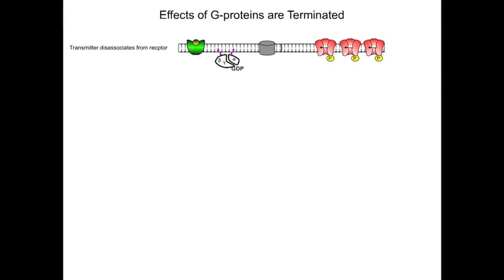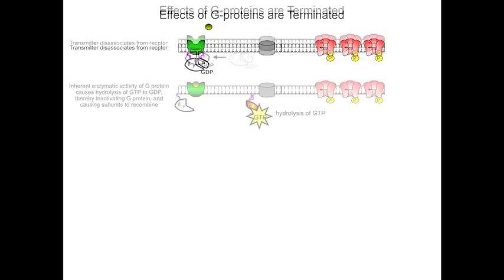So we have seen how metabotropic receptors are activated, but how are the effects of the G proteins terminated? They are terminated in four major ways. The first occurs when the transmitter disassociates from the receptor, thereby terminating any additional activation of G proteins.